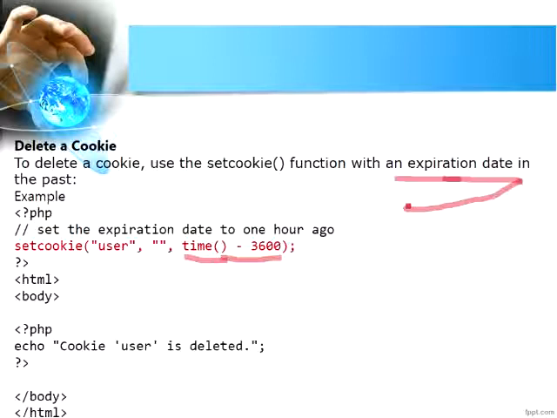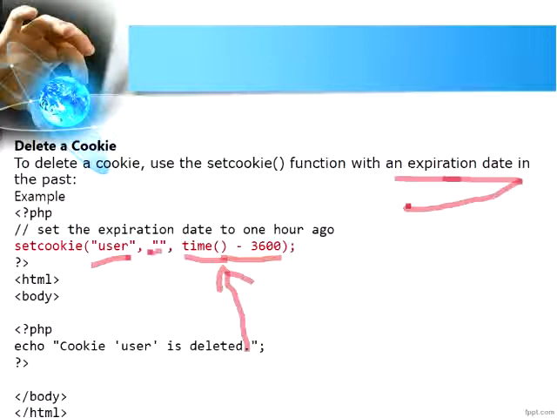Okay. So if we want to remove a cookie, we also use setCookie. But here we use setCookie, after that the name of the cookie to remove. In our example, the name is user. The value, we can specify any value. It is not important. But the important thing here is the time in the past. So time gives us the current time minus 3600.